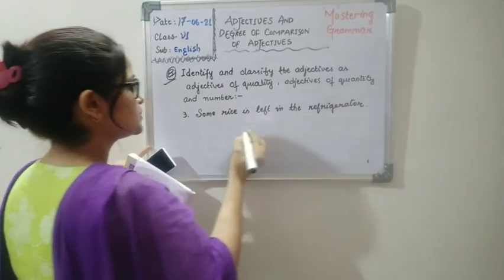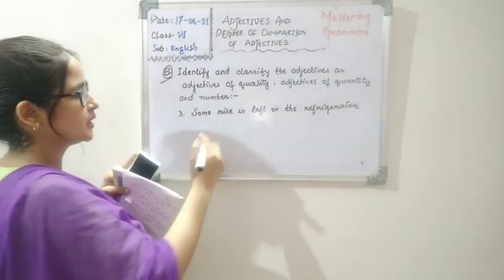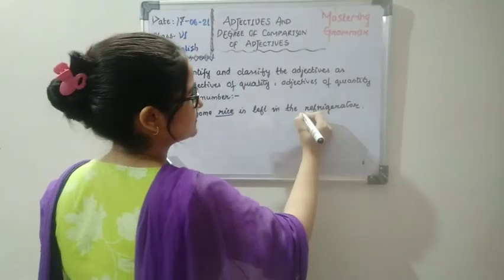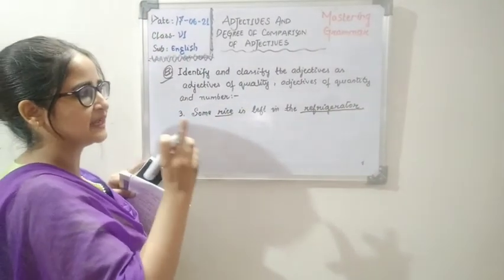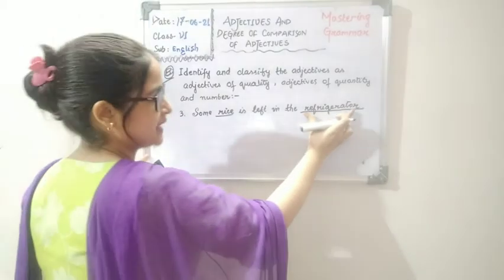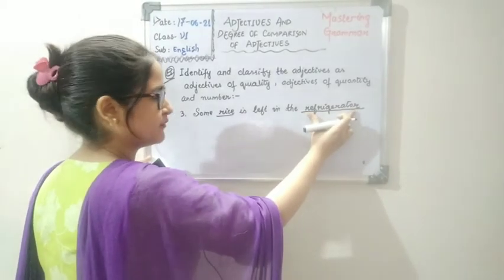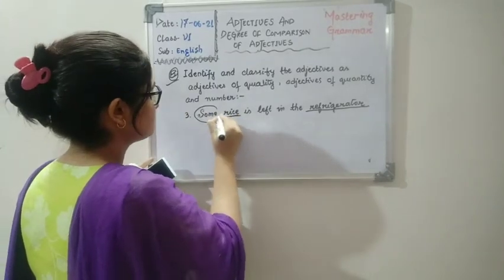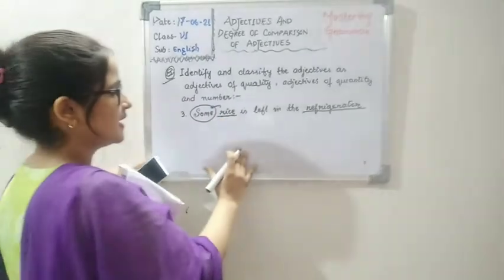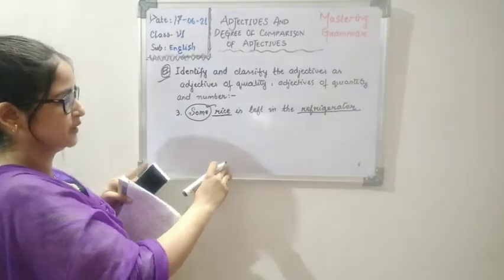Okay, so here we can see there are two nouns. First one is rice and next one is refrigerator, but we don't see any descriptive word associated with refrigerator, but we have the word some close to rice. It's telling about the amount of rice.